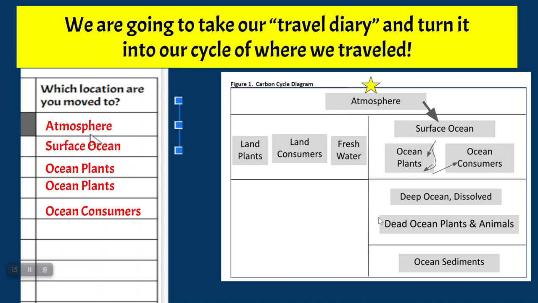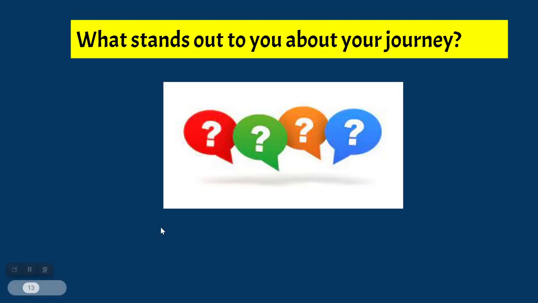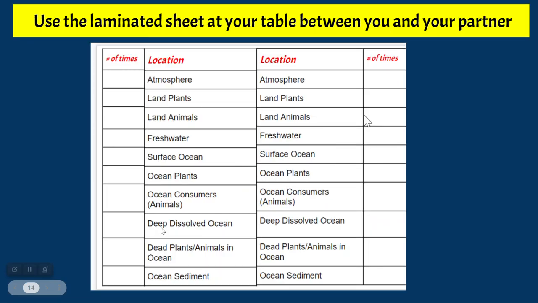So I asked everybody to use arrows to show the path that their carbon atom followed. And then we talked about what might stand out in your journey. Some people said they got stuck in certain locations. And some people said, oh, I never even made it to a couple of these locations.